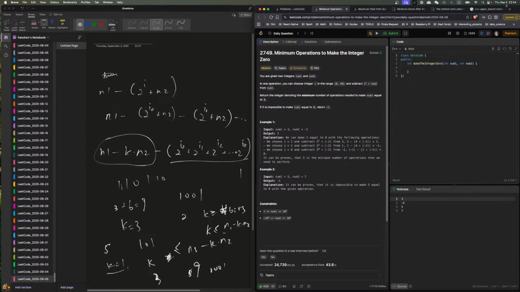When k becomes smaller than this, I think that's when it's not possible. No, when k becomes bigger than this, that's not possible because you keep removing, right? So if n2 is a positive value, then the value just keeps going down. So at a certain point, k will be bigger. That's when it's not possible.